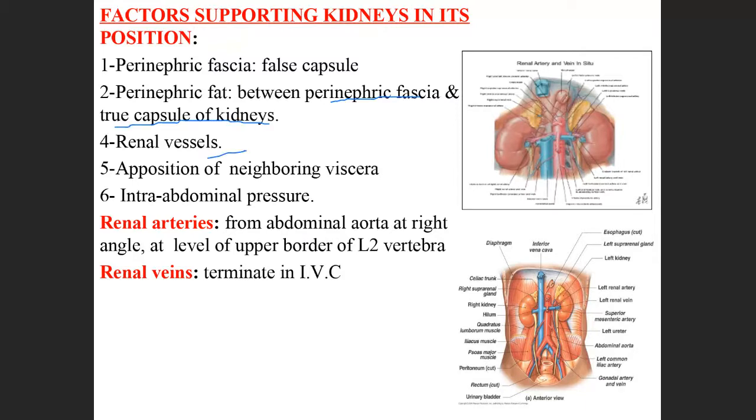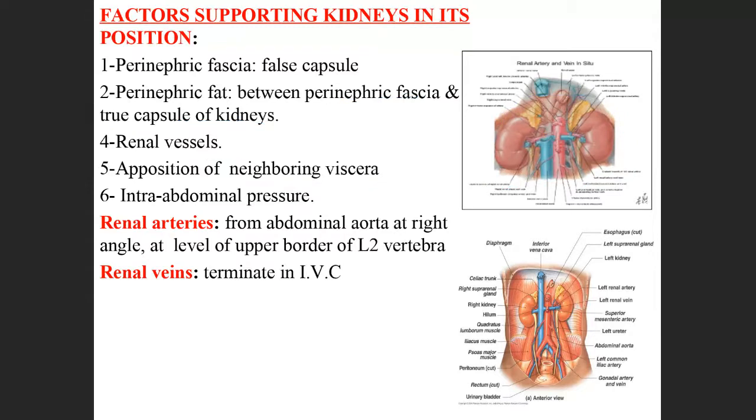And then the renal vessels, the renal artery and renal vein, give support for the kidney. And then neighboring viscera, meaning the viscera around the kidney, like the spleen, pancreas, liver, intestine. All these structures give support for the kidney. And then intra-abdominal pressure.